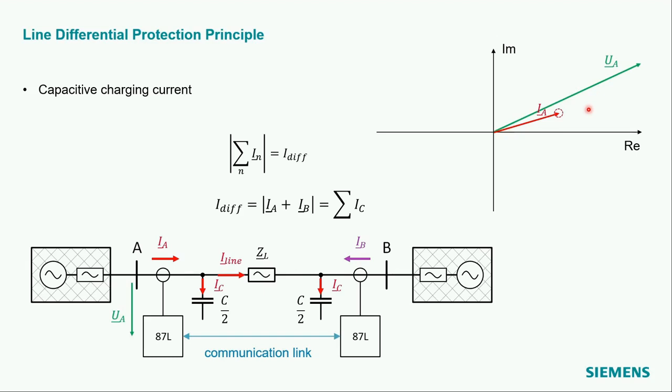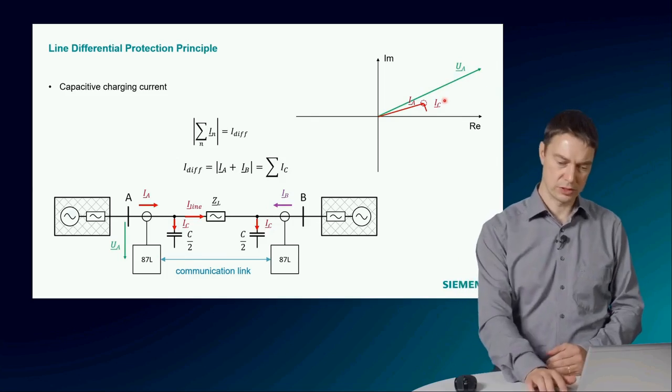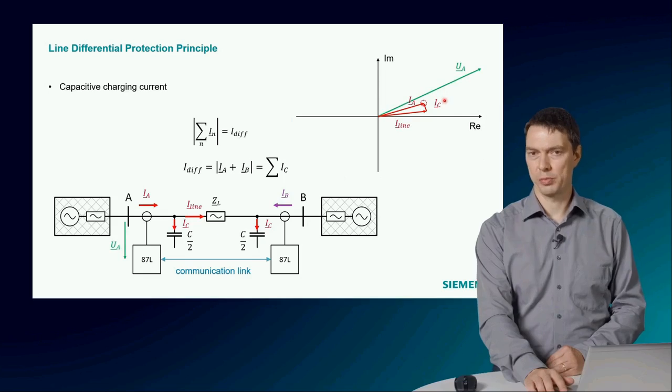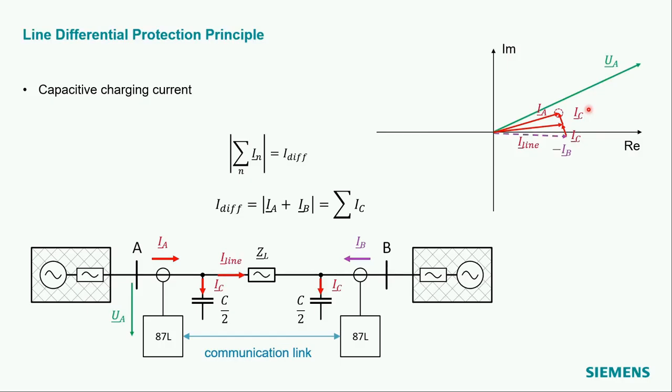The capacitive current, IC, is added to the current IA and forms the line current. We ignore the voltage drop of the line impedance and can add at the terminal B another portion of the capacitive current IC and get to the current IB in the opposite direction.